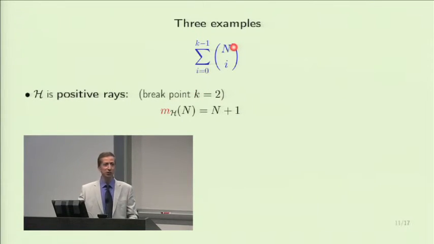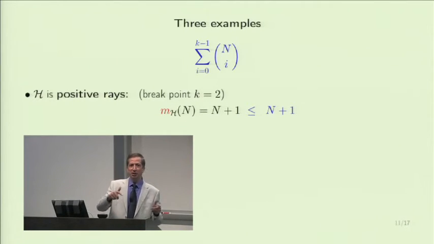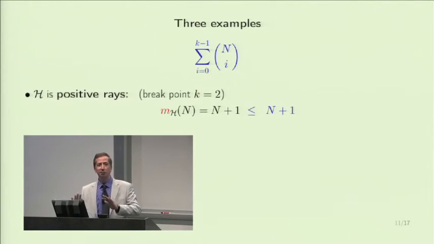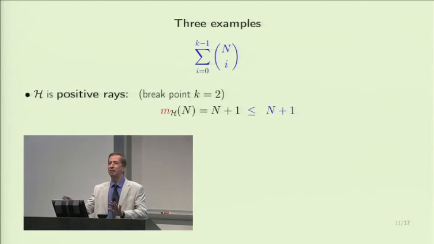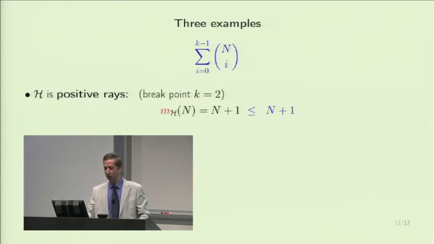So you have n choose 0, also known as 1, plus n choose 1, also known as n. That's it. You get exactly the same answer as the analysis that gave n+1. We think there is a big slack here, but actually it's exactly tight. We get the same answer without looking at anything of the geometry of the hypothesis.